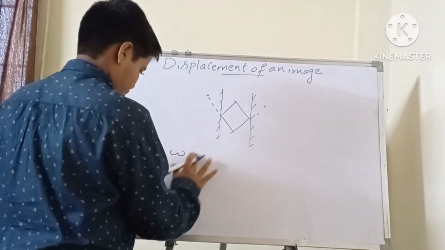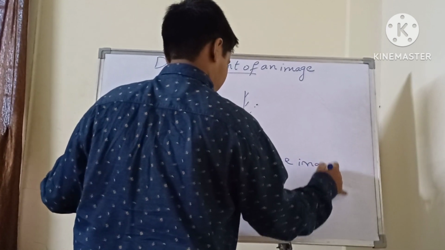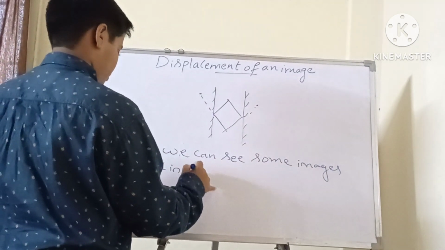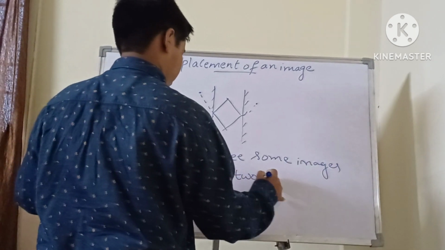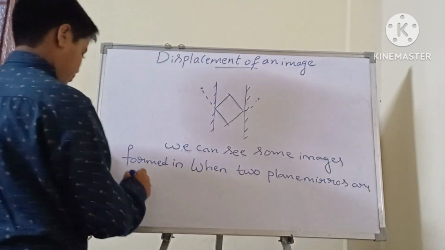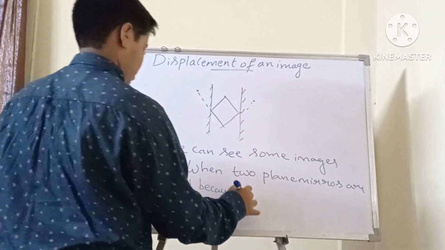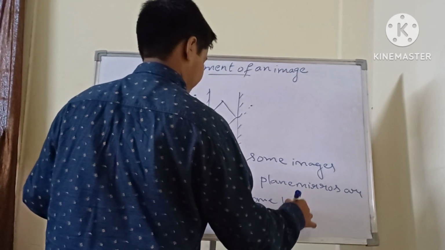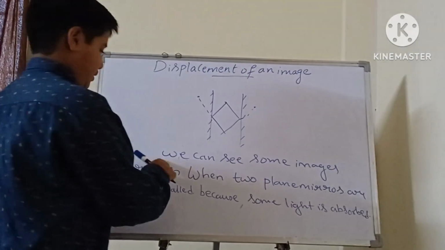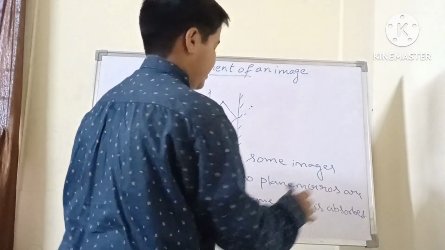We can see only some images formed when two plane mirrors are in parallel, because some light is absorbed.